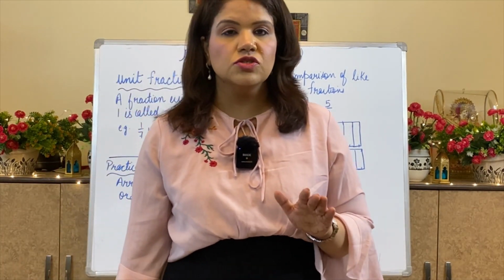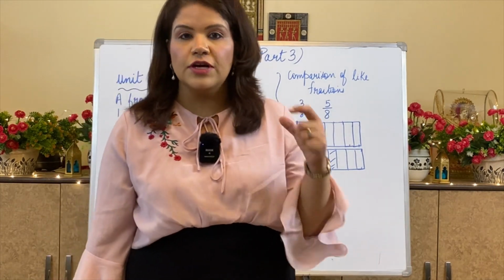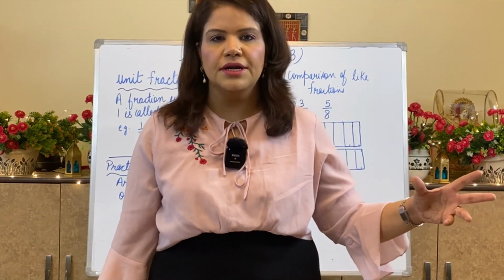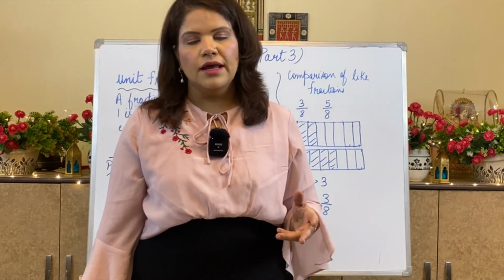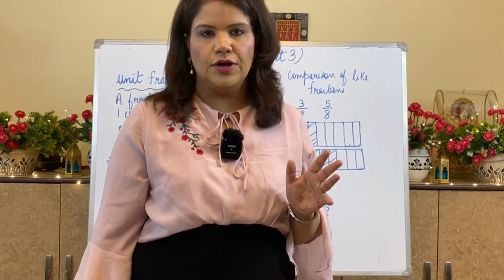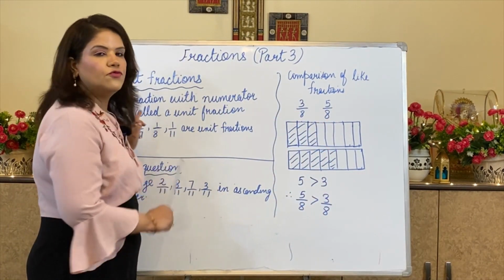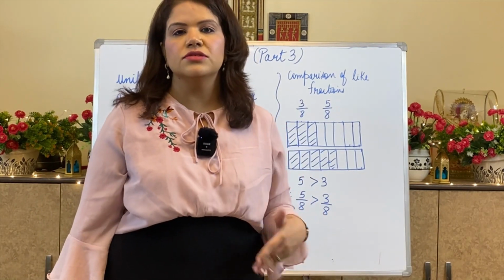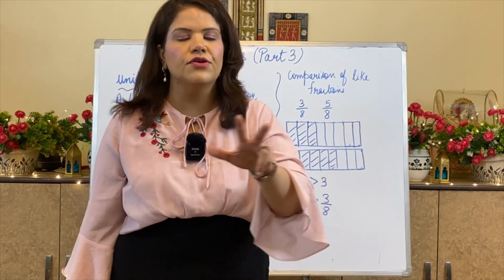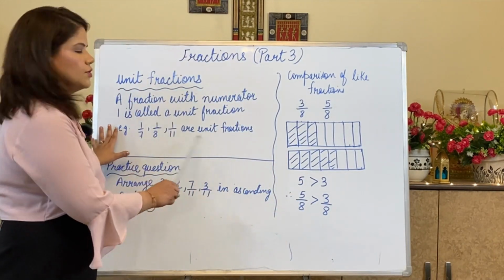In like fractions, the denominator remained the same. We were not fixing a number, but whatever number it is, it will remain the same throughout. In unlike fractions, both were different. And in unit fractions, the numerator will remain 1 throughout. Only the denominator will change, the numerator will remain 1. Is it clear? So that is a unit fraction.